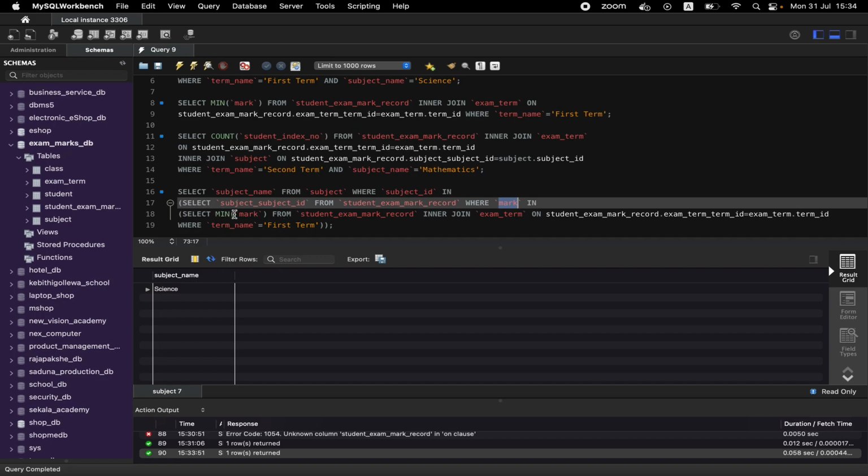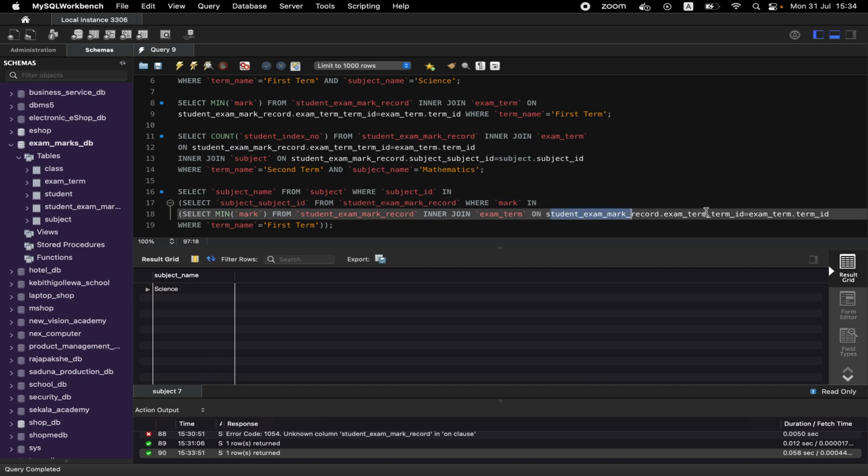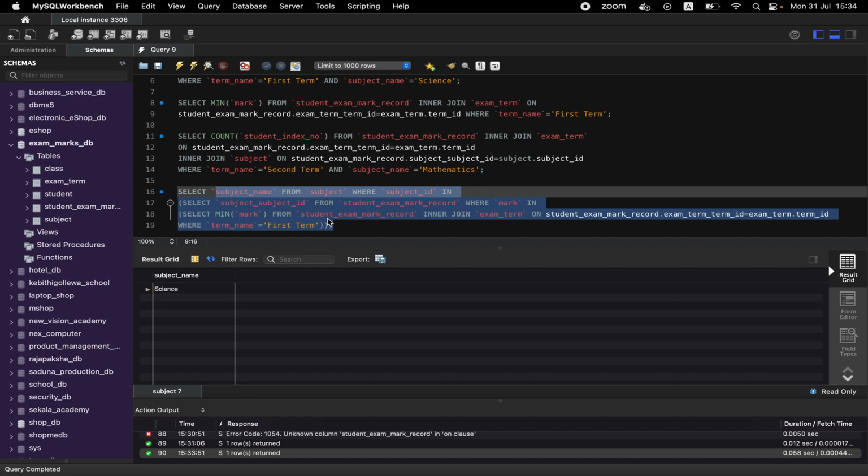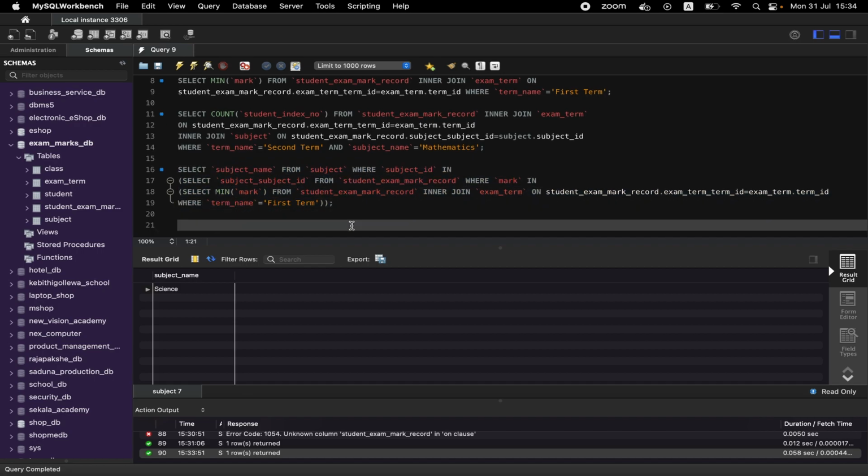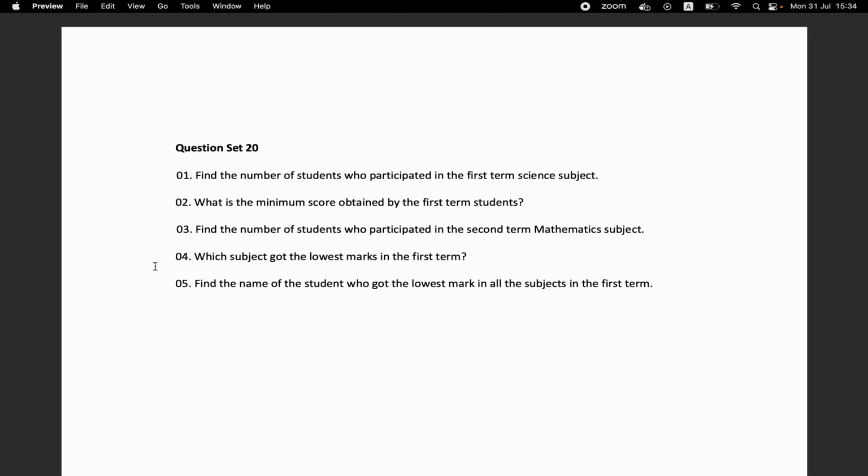So select the minimum mark from student exam mark records, do an inner join on, and bind these tables using student exam mark record dot exam ID equals exam term ID, where the term name is first term. So this is the answer. The answer is science.